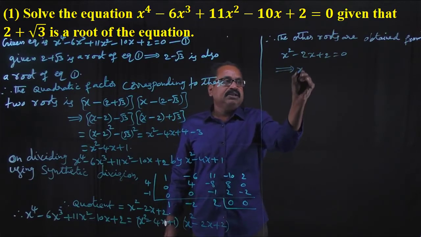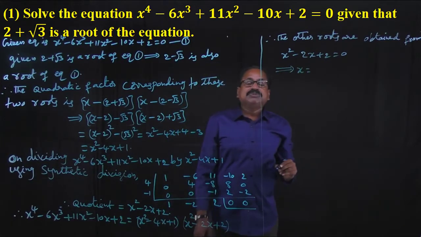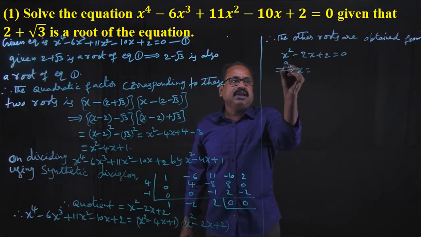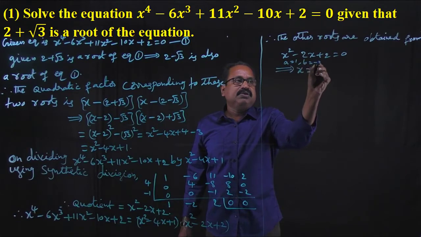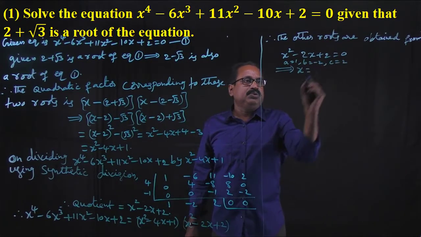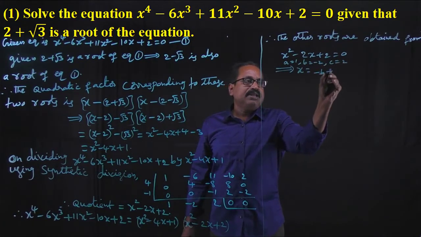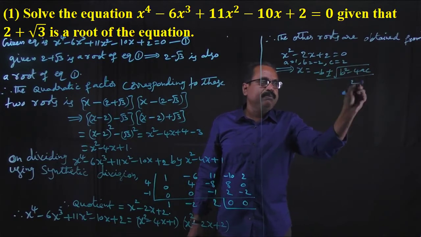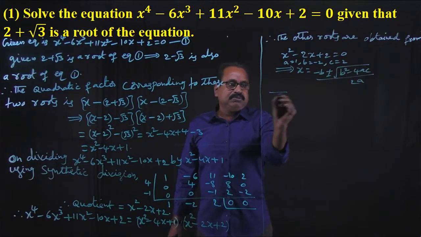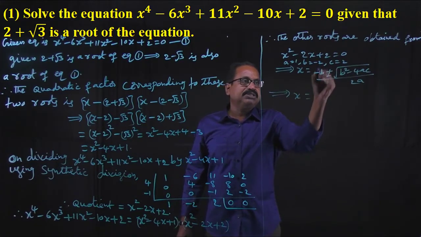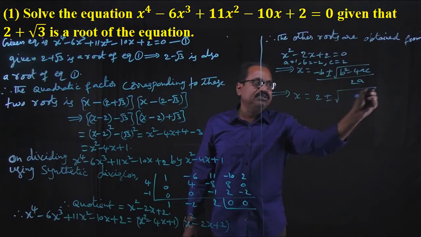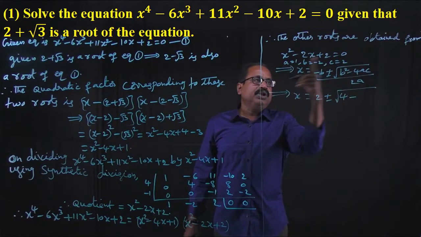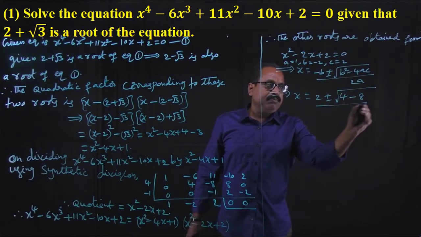This implies x is equal to minus b plus or minus root of b square minus 4ac by 2a. Here a is equal to 1, b is equal to minus 2, c is equal to 2. So x is equal to minus of minus 2 plus or minus root of 4 minus 4 into 1 into 2, which is minus 8, by 2.